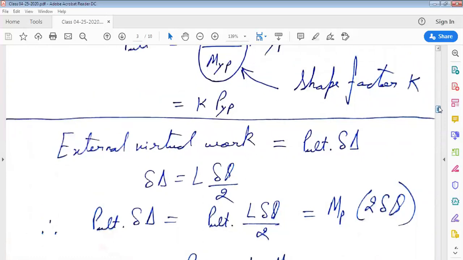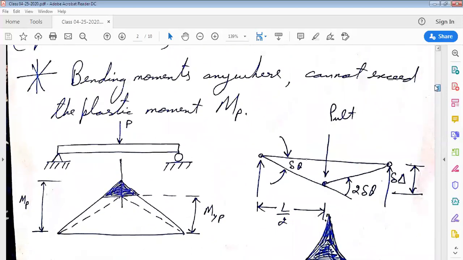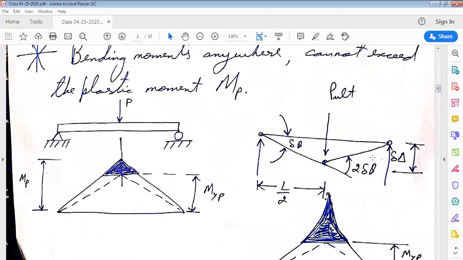And here we can see, corresponding to this particular collapse mechanism, plastic moment MP would occur at the plastic hinge which we have introduced in the middle of the beam.